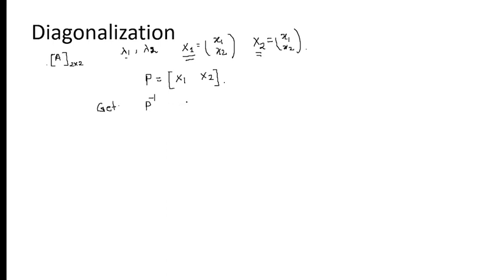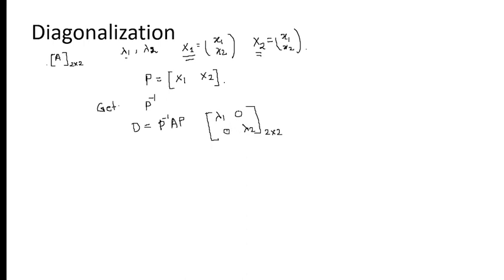Then if you want to get the diagonalization matrix D, it will be P inverse into the system matrix into P. After that you will get a 2 cross 2 matrix having the diagonal elements lambda 1 and lambda 2.